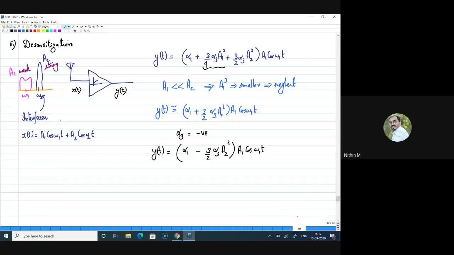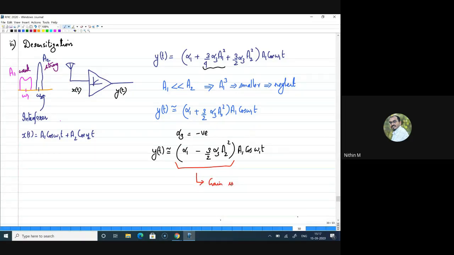Now if I look at this output expression, what you are seeing inside this bracket is nothing but the gain which is available to the desired signal.